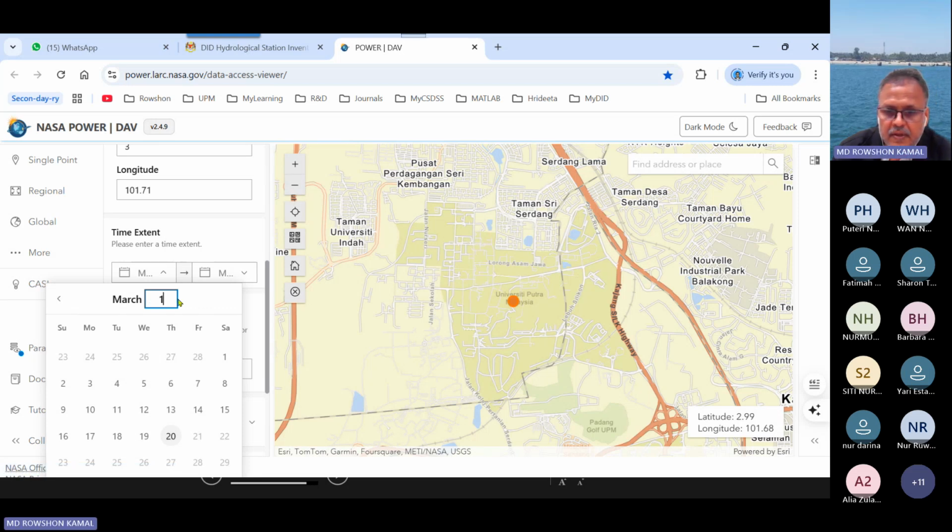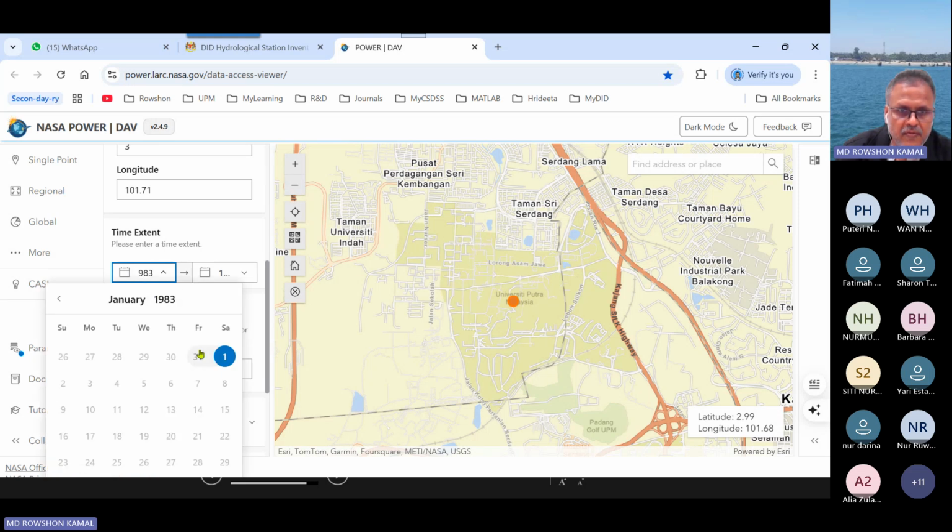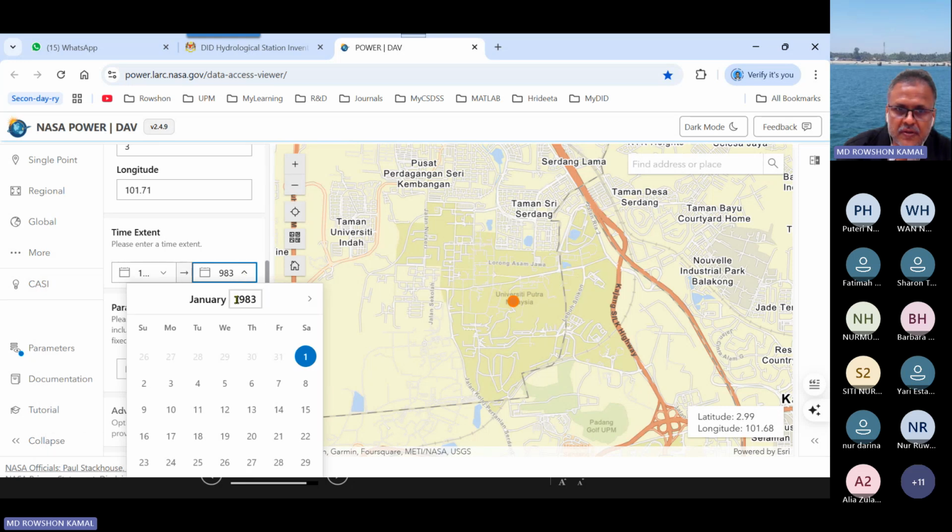Let's say I choose 1983, from 1st January. Then for the last, maybe you can choose 2024, and it is December.